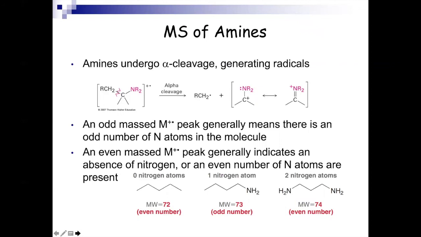And so whenever you see an odd M plus peak, think nitrogen, think an odd number of nitrogens. That's definitely a telltale sign. If your molecule has 0 nitrogen atoms, we're going to have an even number. If it has an odd number of nitrogens, then we're going to have an odd number. And if we have an even number of nitrogens, that cancels back out and we end up with an even number again.